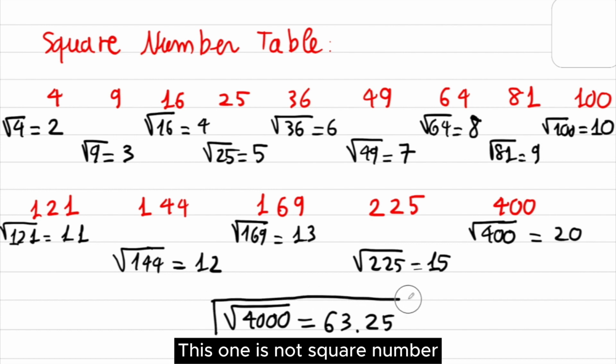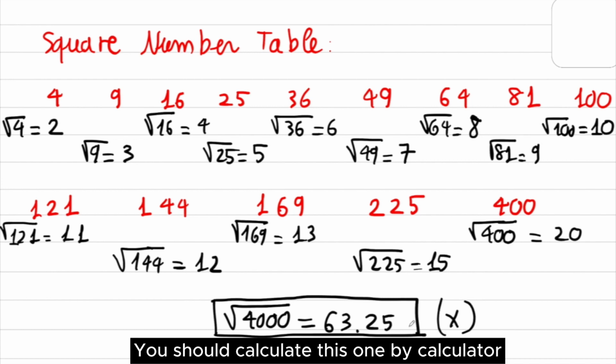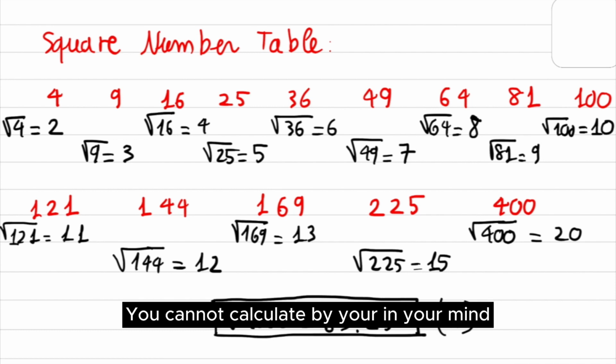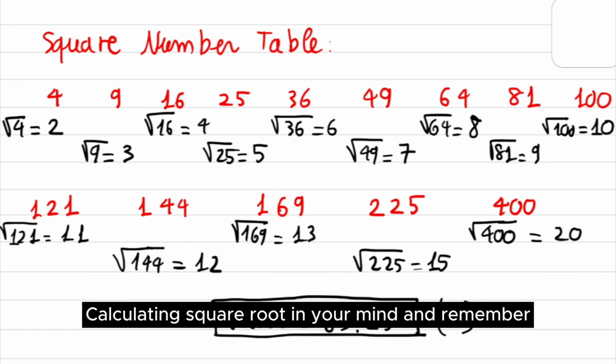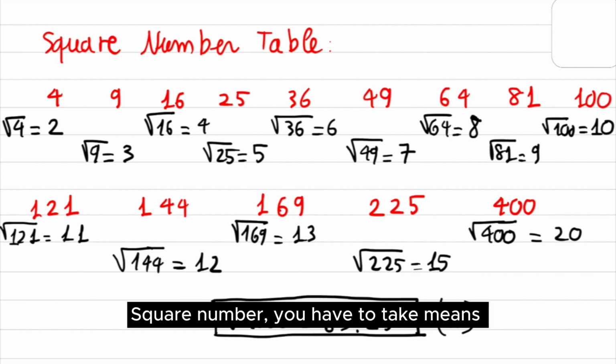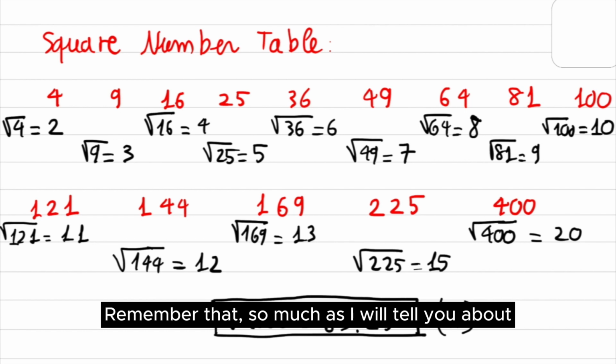This one is not a square number. You should calculate this one with a calculator; you cannot calculate it in your mind. So the square number table will help you calculate square roots in your mind. And remember, when you take the square root of a square number, you will have an integer as the result. Okay, remember that.